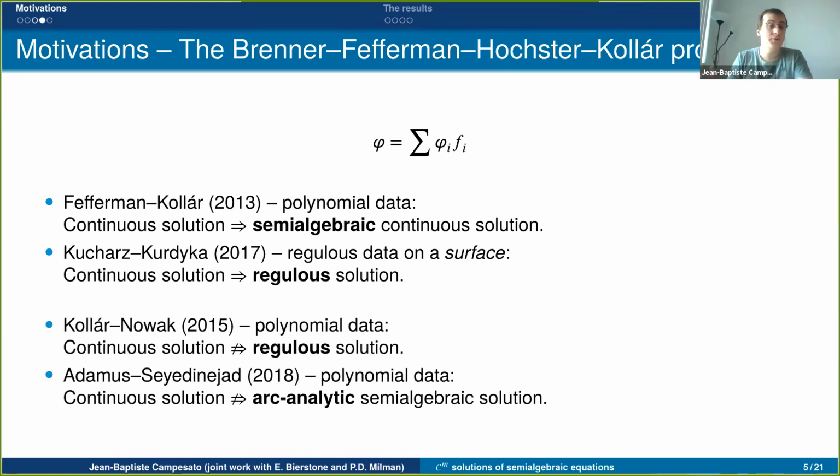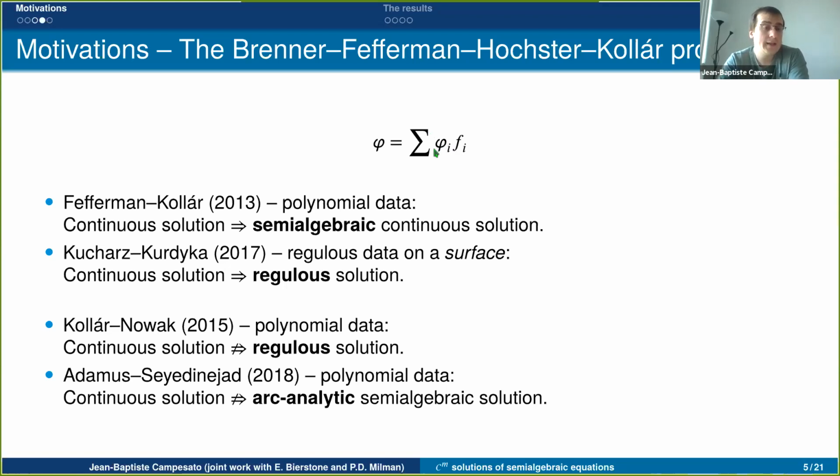Nonetheless, we also have negative results. So Kollár and Nowak gave a counterexample in the three-variable case of the previous theorem. So we cannot generalize the Kucharz and Kurdyka theorem to higher dimension. They gave an example of an equation with a continuous solution, but without a regulous solution.